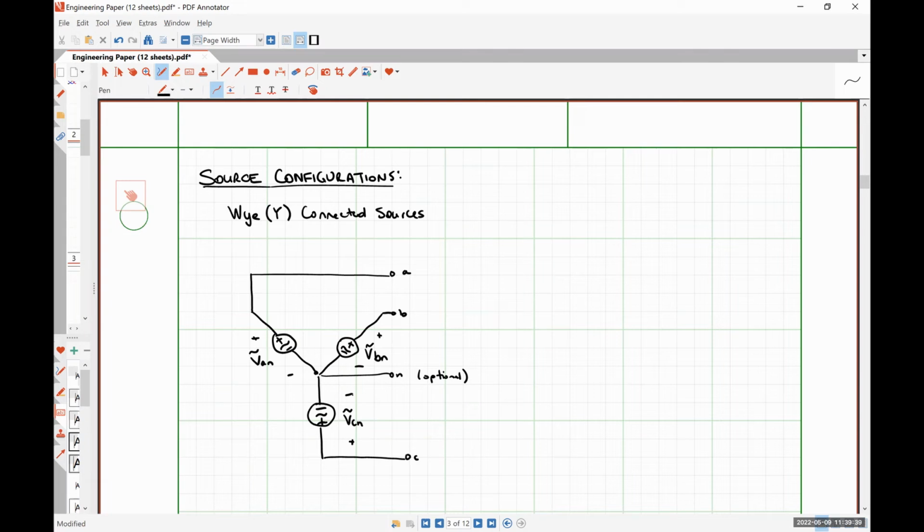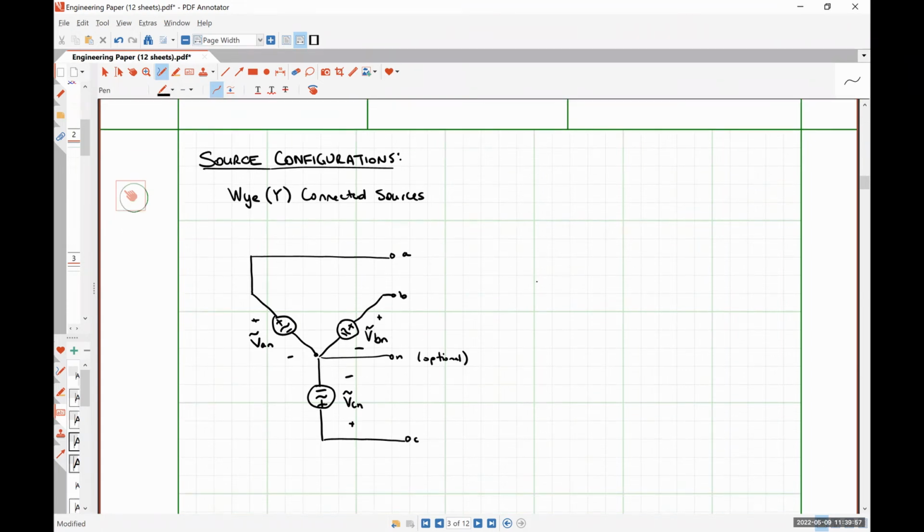So this is the conventional representation. My problem with it, for the most part, is that it's just a pain to draw. How I prefer to represent a Y-connected source is something like this.